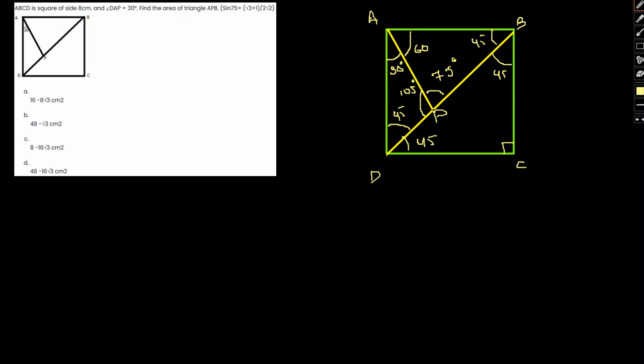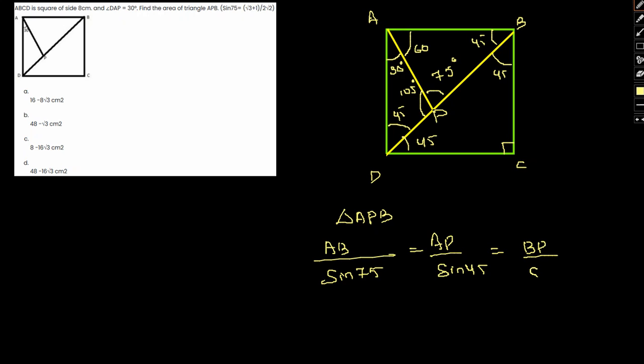Now if we focus on triangle APB, using sine law we can write AB by sine 75 equal to AP by sine 45 equal to BP by sine 60.